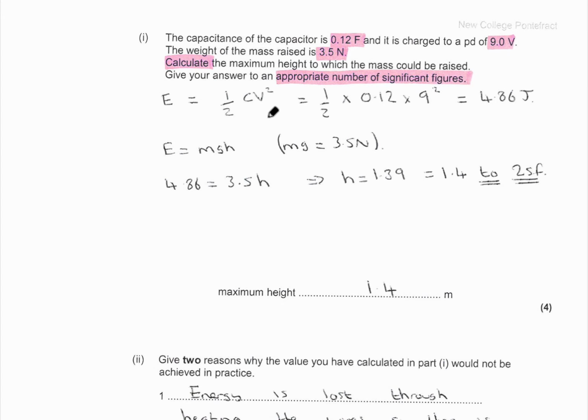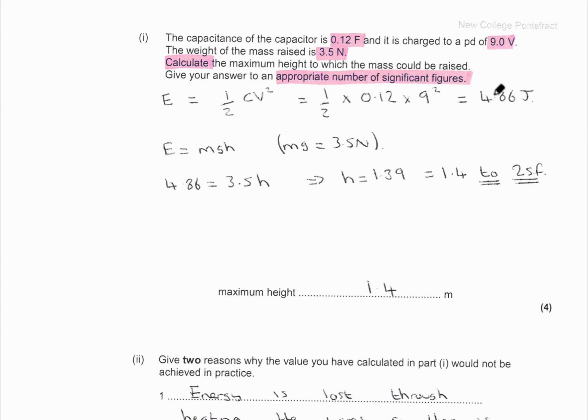We can work out the amount of energy stored in our capacitor using this equation here. C is the capacitance of our capacitor, and V is the potential difference across the capacitor. If we put these numbers in, that's the capacitance, 9 is the potential difference in volts, so we've got 9 squared, and if we calculate this we get 4.86 joules, and that's the first mark.